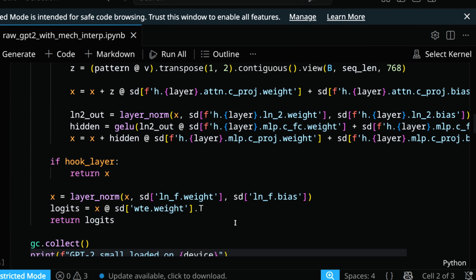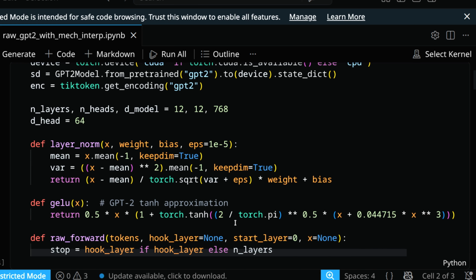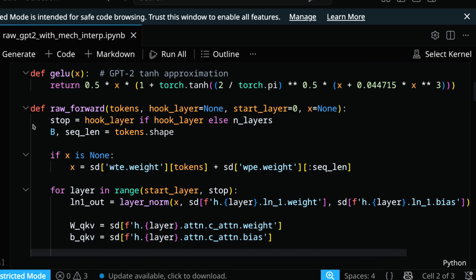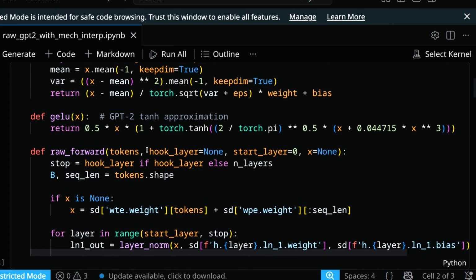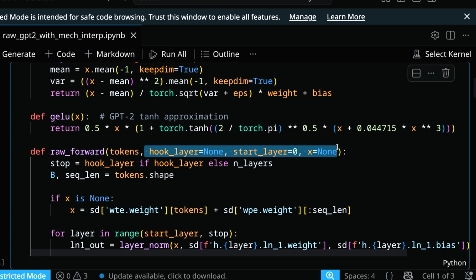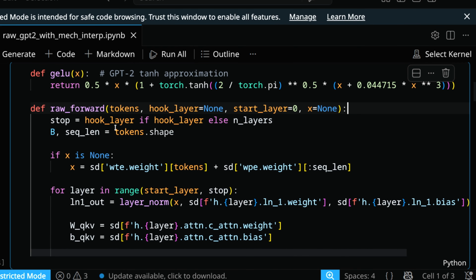So if I go up here and look at the raw forward, just glance at it for now, it takes in tokens, which is what was shown earlier, and you can ignore this stuff currently because this is for controlling the AI with a sparse autoencoder and stuff to do with that. But just look at the parameter tokens.